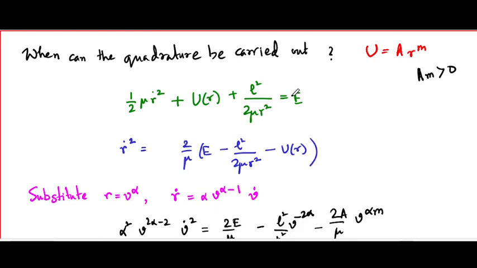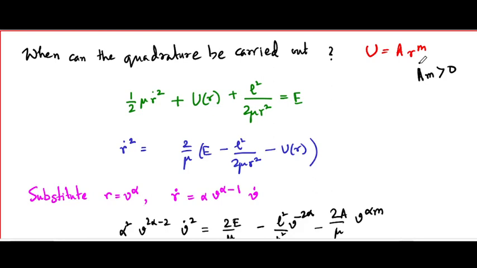Now, we are going to focus on the quadrature for finding r as a function of time or time as a function of r. The orbit quadrature essentially follows the same basic ideas, as you should be able to work out on your own after seeing this. So let me remind you that we will start with the energy conservation equation, rewrite that to figure out r dot in terms of the conserved quantities E and L as well as the actual potential U of r, which in this case is A r to the power m.